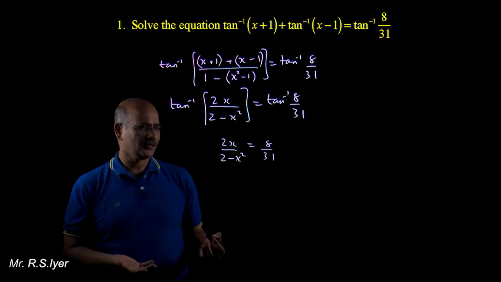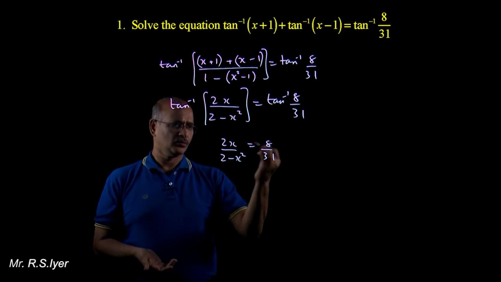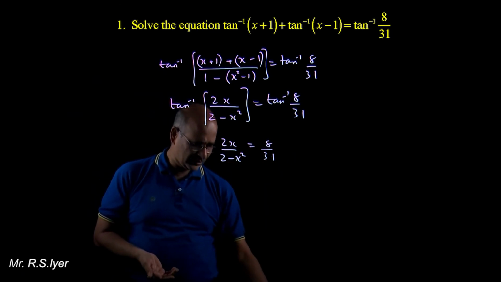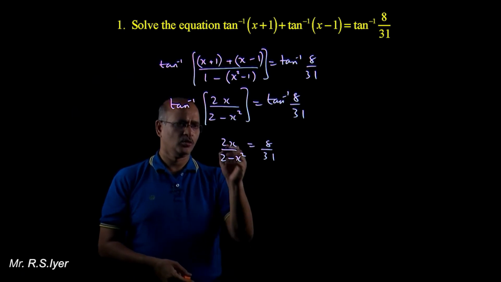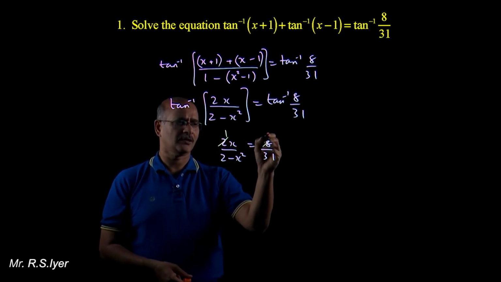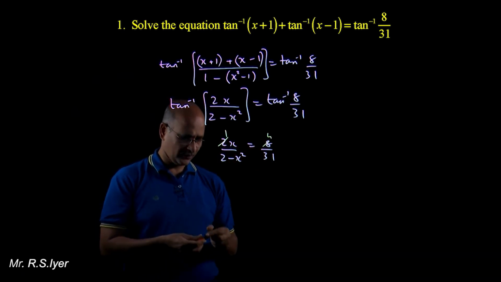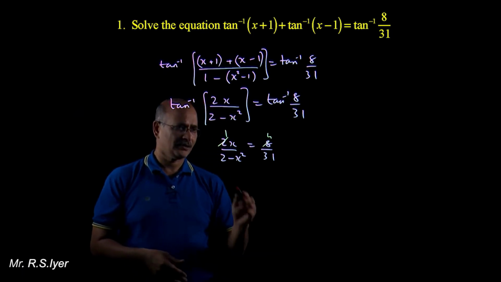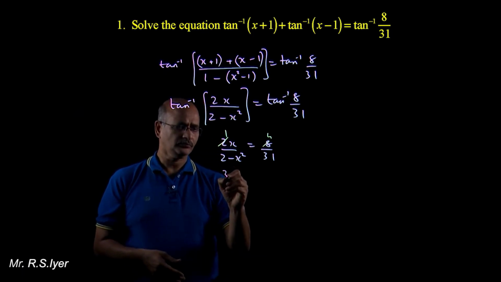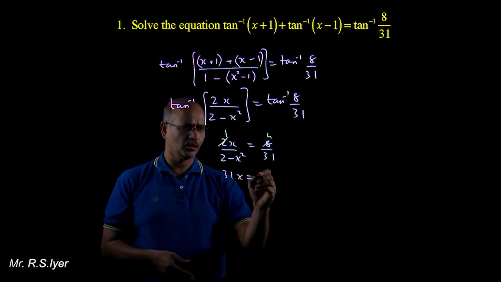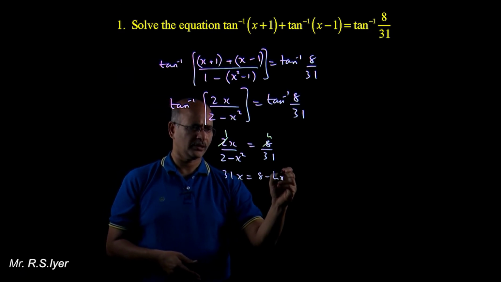You have to just simplify this now. So what will happen now? If you want, you can simplify this part here. If you cross multiply it, the 2s will get cancelled. So what happens now? It will be 31x is equal to 8 minus 4x square.